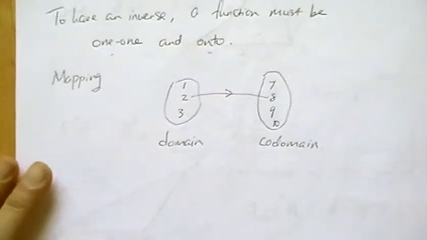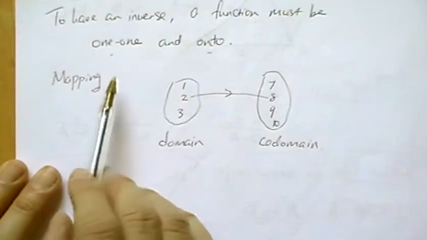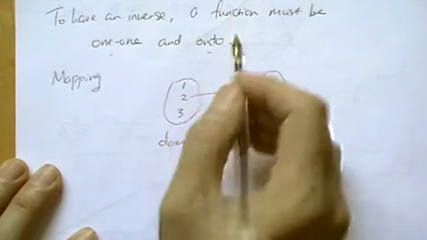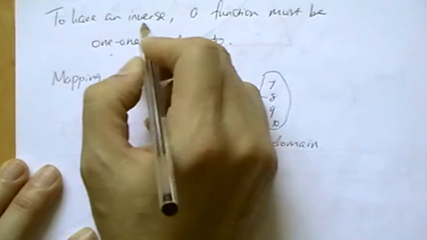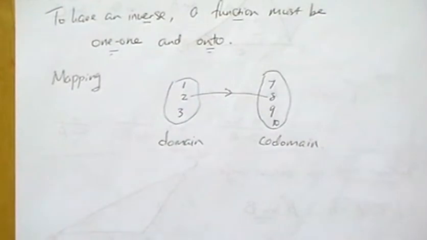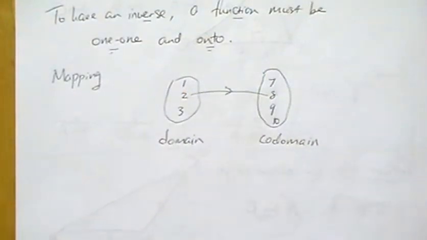Okay. So now let's start with the idea of a function. Now, each of these terms that you see here, inverse, function, 1, 1 and onto, means something specific about the way this mapping is done.